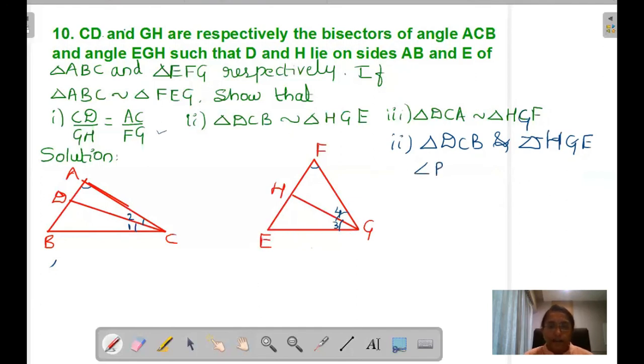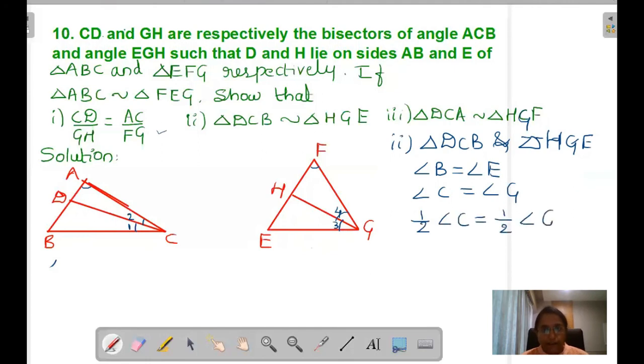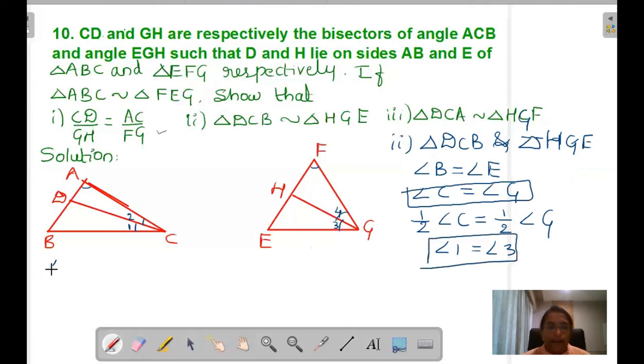Again angle B is equal to angle E. It is given, and angle C is equal to angle G, similar to the first one. So I'll take half of angle C is equal to half of angle G. That is angle 1 is equal to angle 3. So by AA criteria, again two triangles, triangle DCB is similar to triangle HGE.